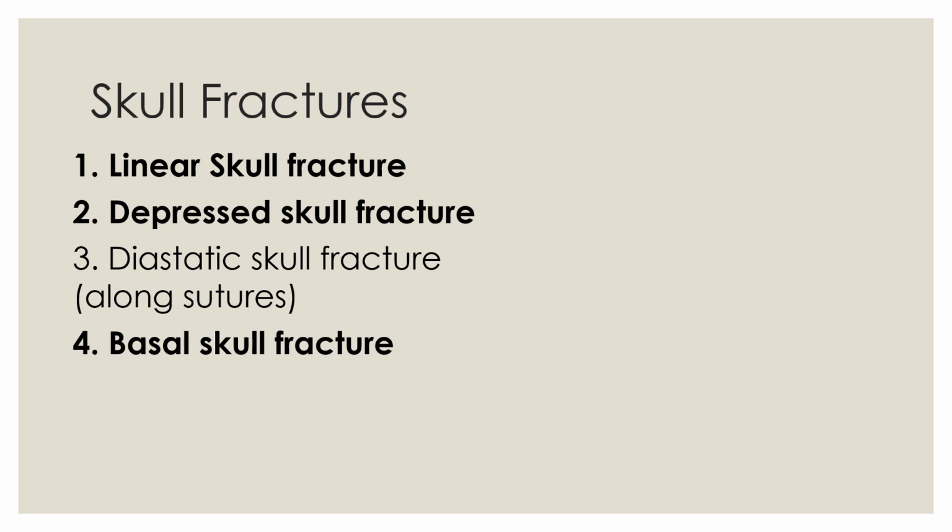So linear skull fractures, depressed skull fractures, diastatic skull fractures, which are fractures that occur along suture lines and are much more common in children, and then basal or basilar skull fractures.